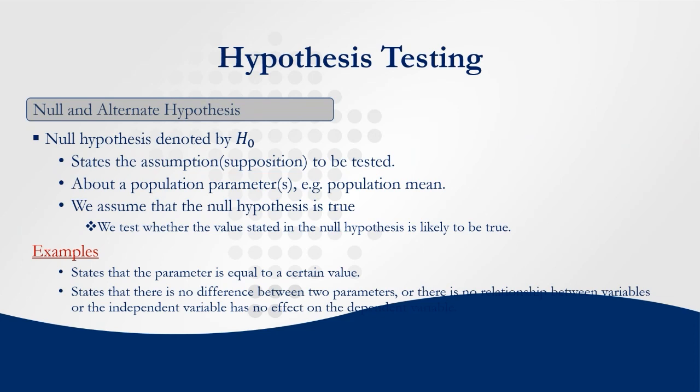In the example that I'm going to use at the end, if we talk about birth weight, there is literature or there is evidence that will tell you what the average birth weight for a healthy baby is.